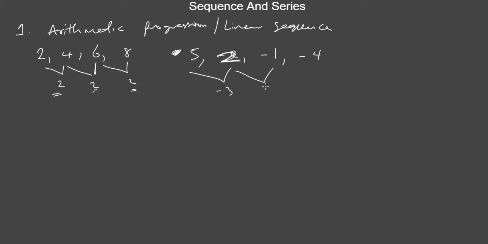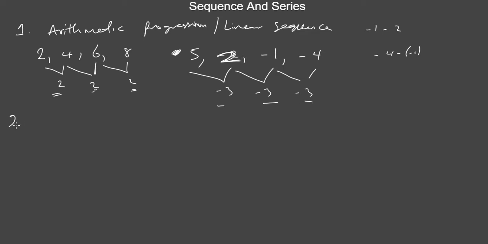Then minus 1 minus 2, that's minus 3. Then minus 4 minus minus 1, that's minus 3. Because the difference is the same, we keep subtracting 3. This is also an arithmetic progression.